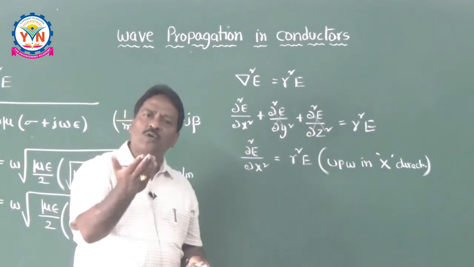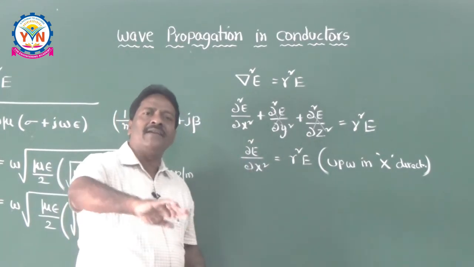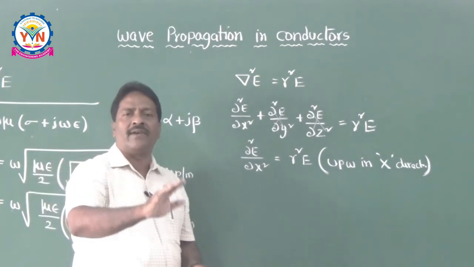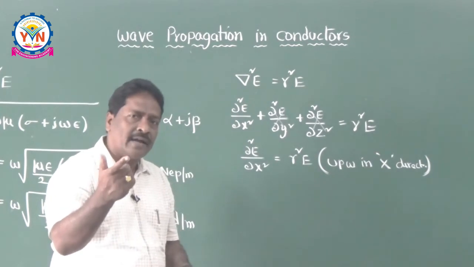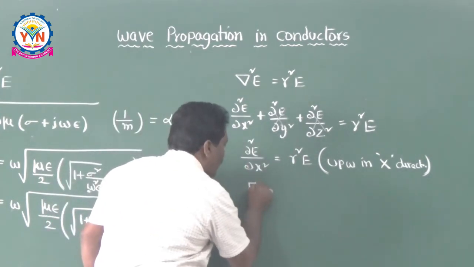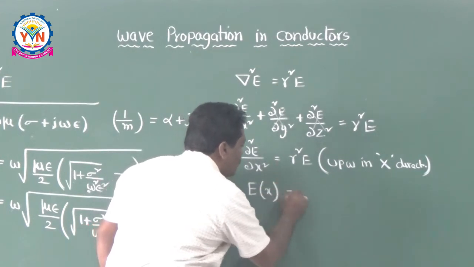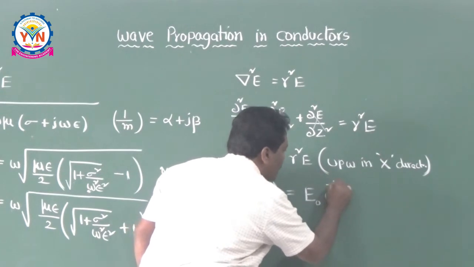It will have two unknowns because it is a second order equation, so there will be a transmitted wave and a reflected wave. For my discussion, I am considering only one wave at present. So I can write the equation here: E of x is equal to some initial magnitude E naught into e to the power of minus gamma x.